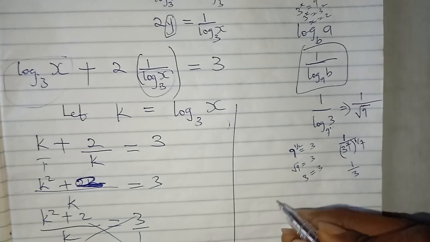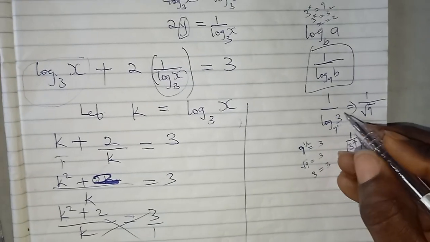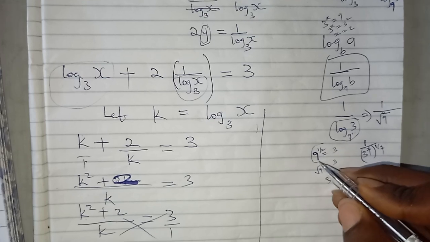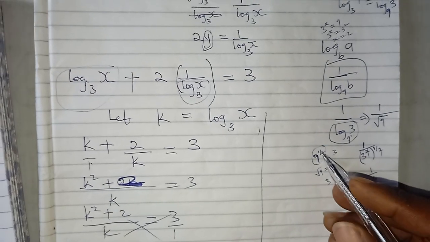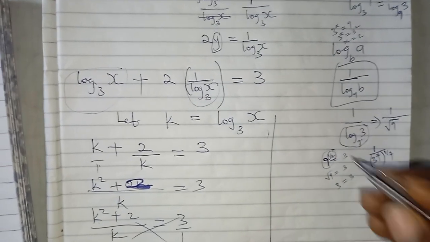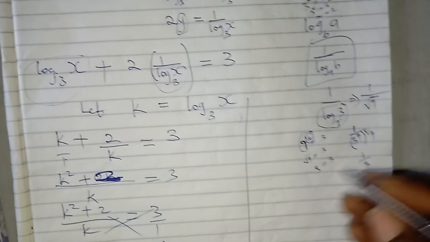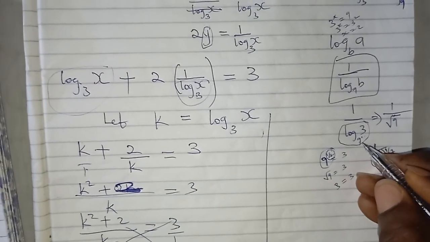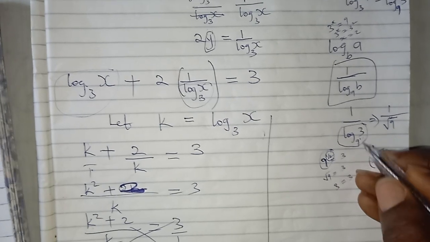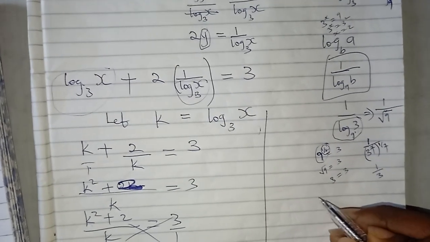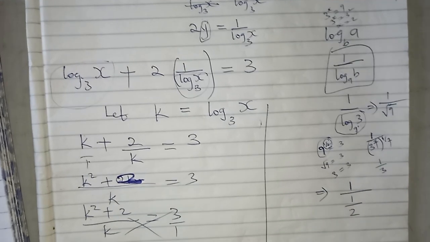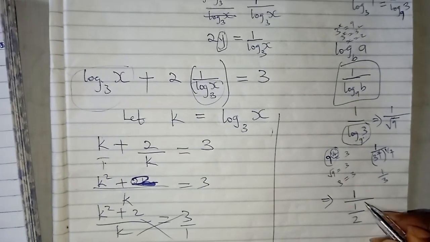I'm just confusing myself. See, this thing that we did here gave us 9 raised to power 1 over 2, which means that the log is 1 over 2. It's 1 over 2 I'm looking for. So I will carry it back. See, log 3 to base 9, I'll carry it back to give me 1 all over 1 over 2. That is just what I need to be there.